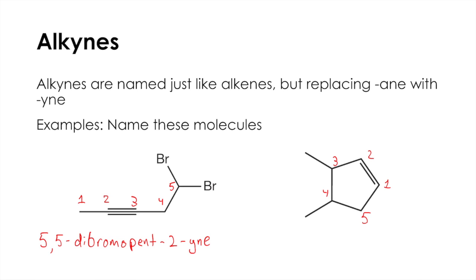I have to start at one end of the chain. And so there's no need to put 1 as the index in a ring because it's implied. And so this we can just write without putting the index of the double bond. We would just write 3,4-dimethylcyclopentene.